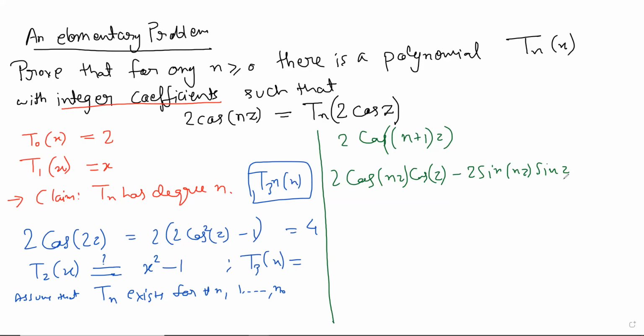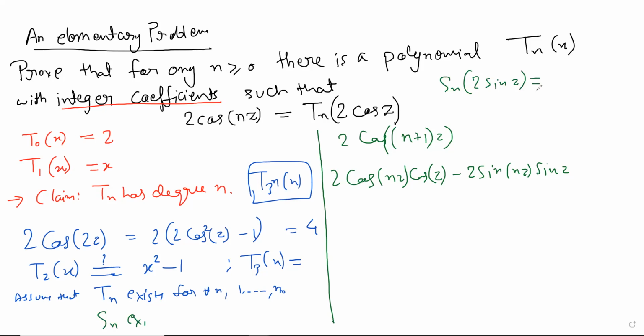Let's see. So by induction, we can actually assume that there is an Sn also, right? We can make the stronger assumption, right? Sn, so you can understand what Sn would be. Sn would be 2 sine.